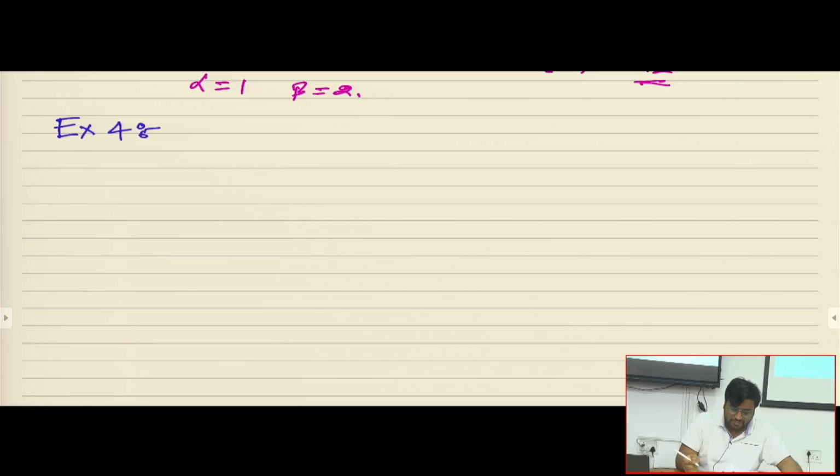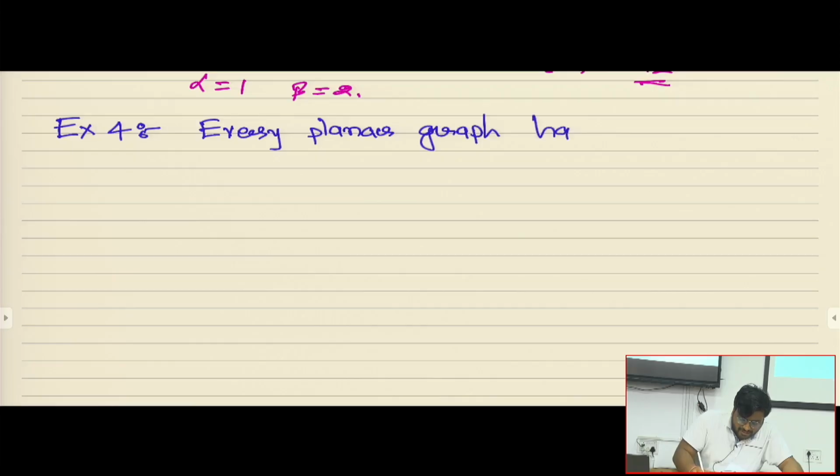Okay. So every planar graph has a 5 minus vertex. Okay.